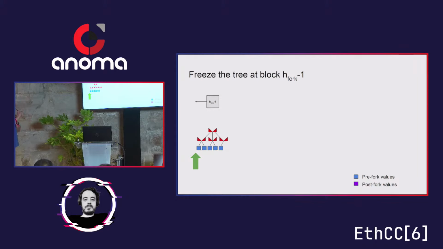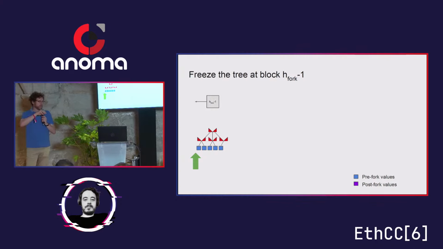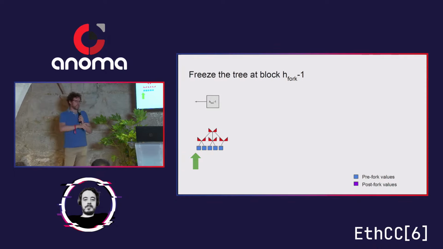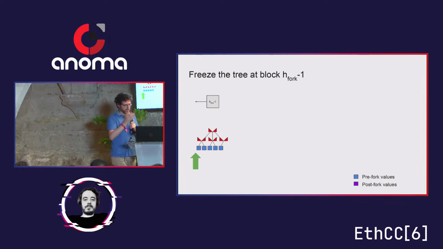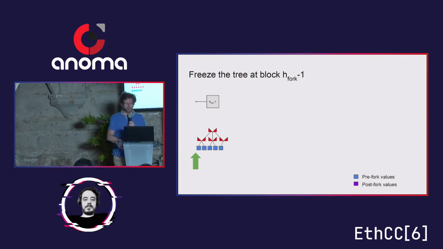Every blue square in the tree represents a value that was written before the fork, so right now it's only blue squares. And the red structure represents the internal nodes of the tree. And the last thing is this green arrow. It represents the head of the iterator, because we're going to convert n values each time. And because we do this, we need to keep track of what has already been converted and what has not.